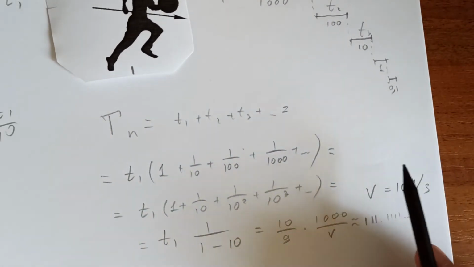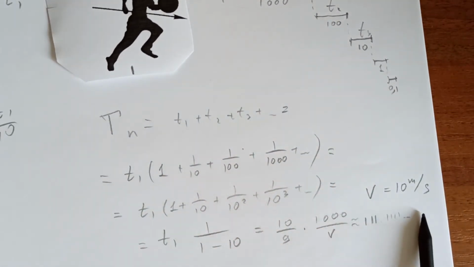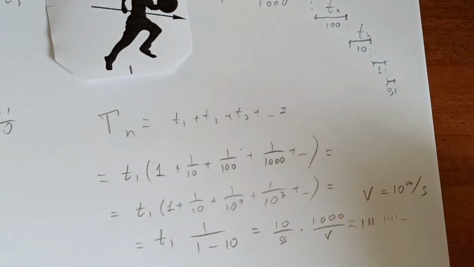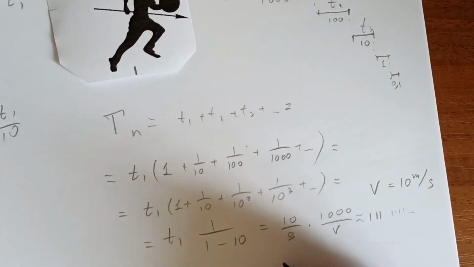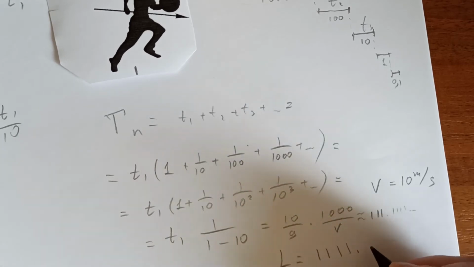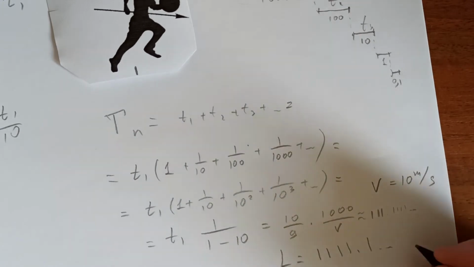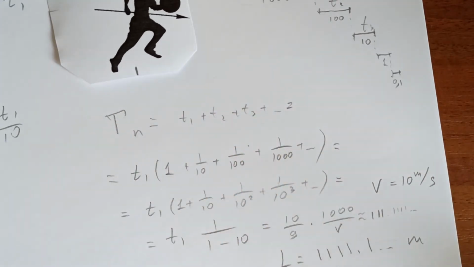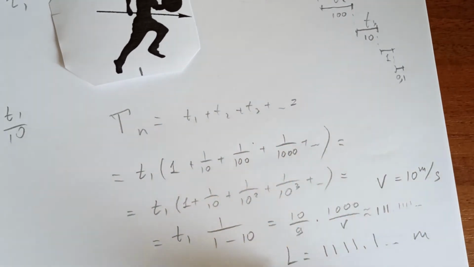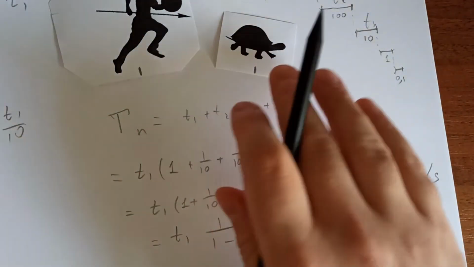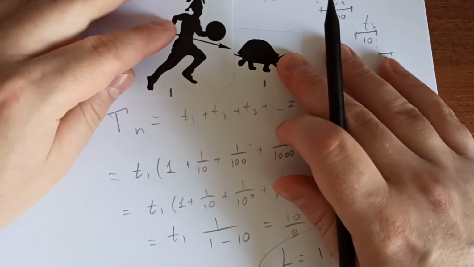So if velocity is 10 meters per second and we have 111.1111 repeating seconds, then the distance traveled will be 1111.1 and so on meters. And this will be the distance, this will be the moment when Achilles catches the turtle.